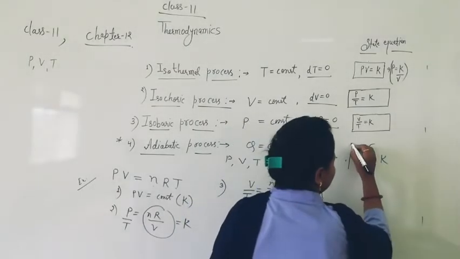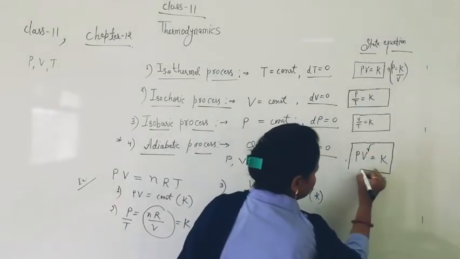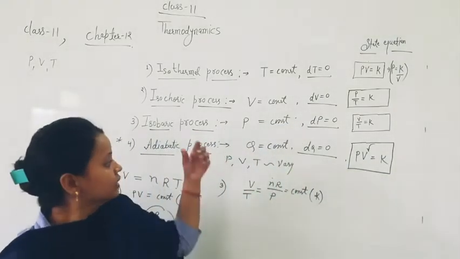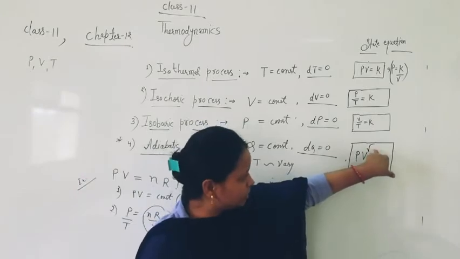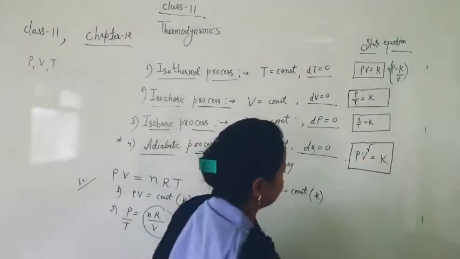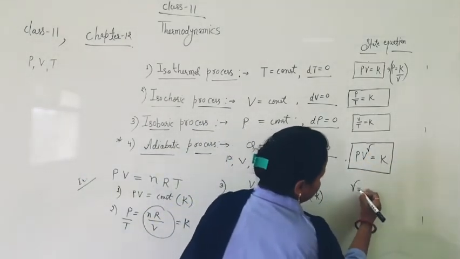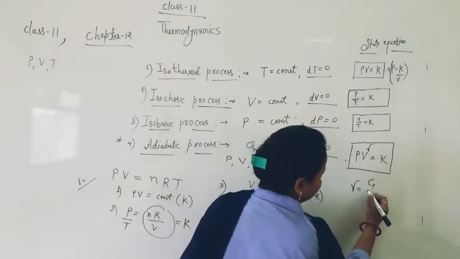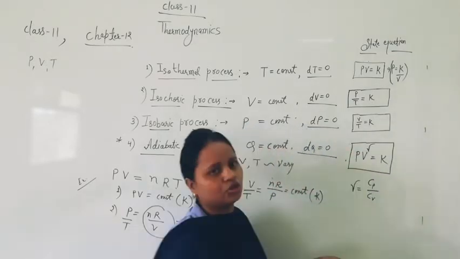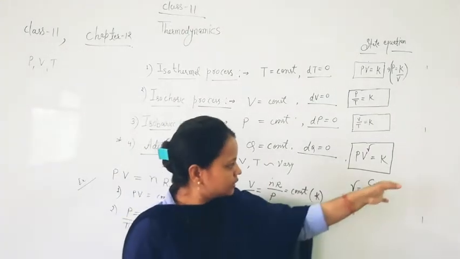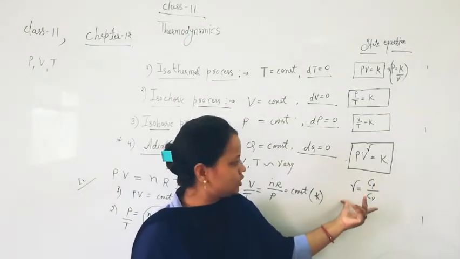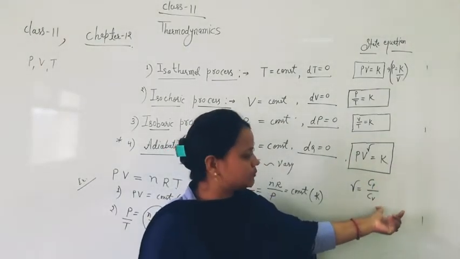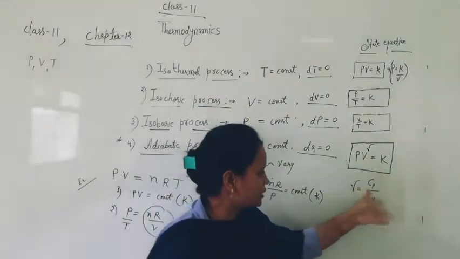So PV raised to the power gamma is equal to constant, which is the state equation of the adiabatic process. Gamma is called the adiabatic ratio, the ratio of the two specific heats, Cp upon Cv.